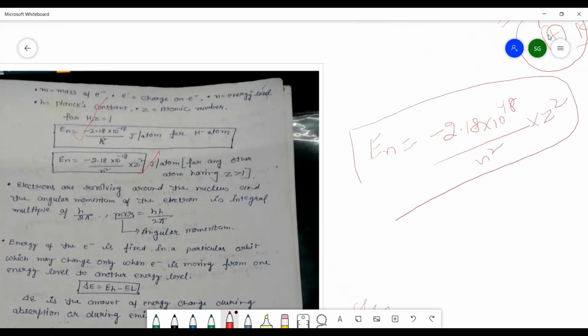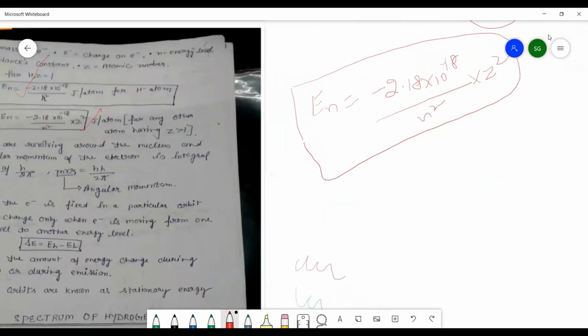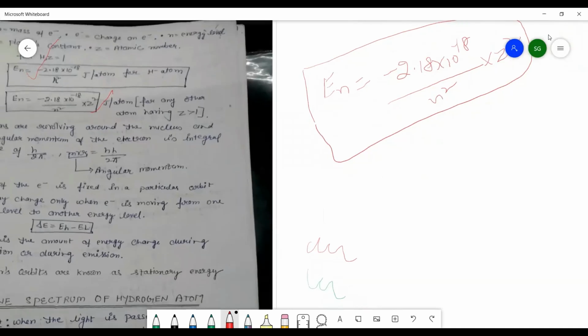This formula is very important from the numerical point of view also. Here the unit is joule per atom.